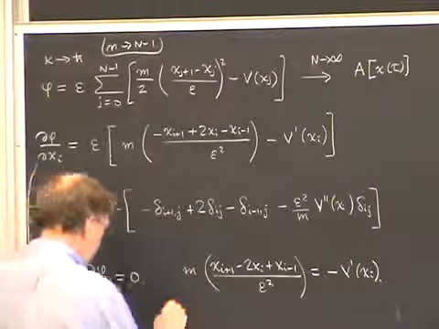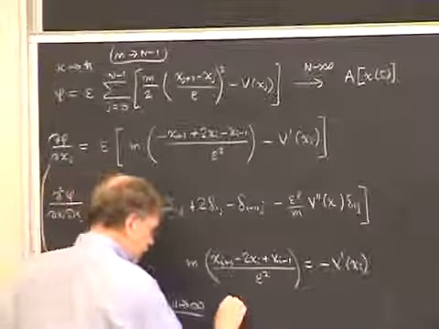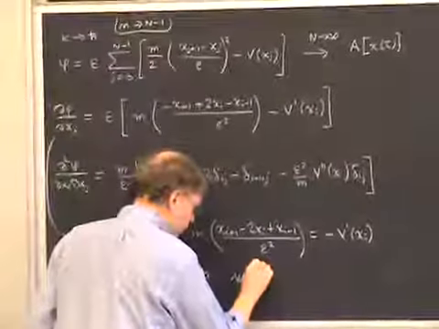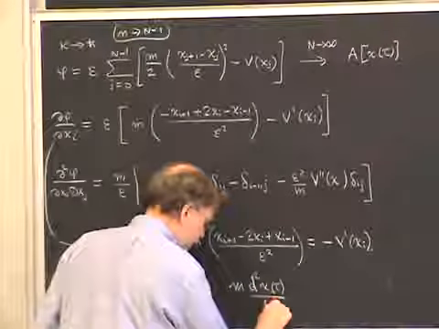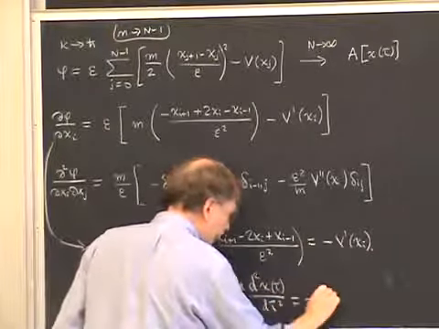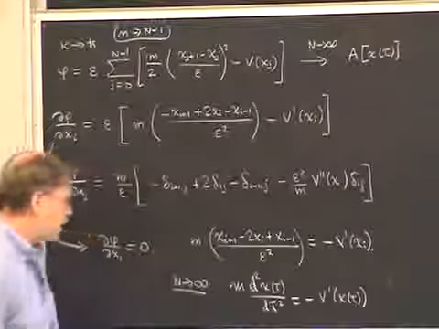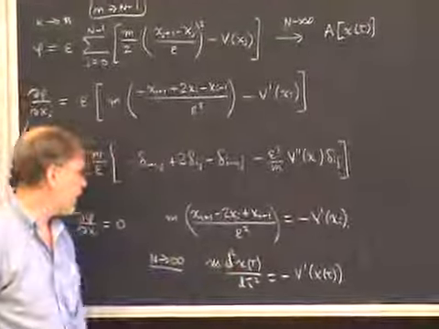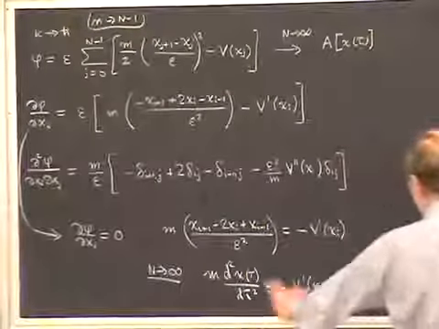And so in the limit in which n goes to infinity, this turns into a differential equation, which we can write this way: m d squared x of tau over d tau squared is equal to minus V prime of x of tau. And this is just Newton's laws for the path x of tau. So it's the classical paths in the limit that n goes to infinity.